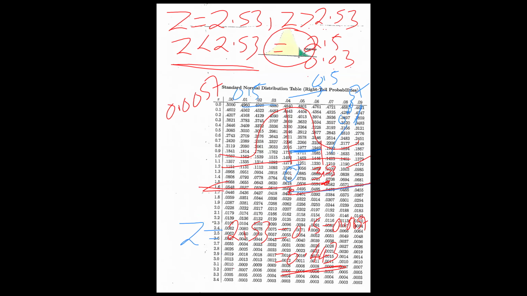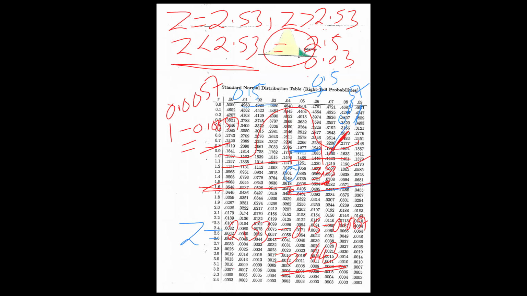So we can just deduct what we already have on this side from 1. Then it will give us everything going backward. That gives you the probability that z is less than 2.53. This is the message that we have been sending again and again.